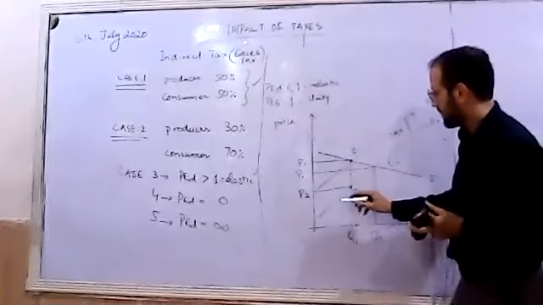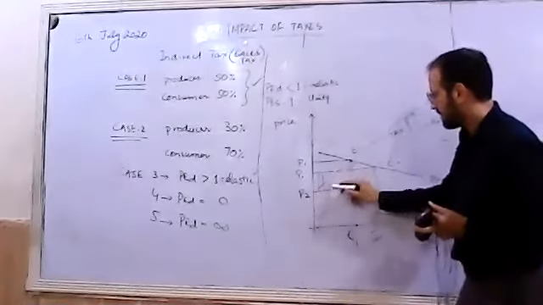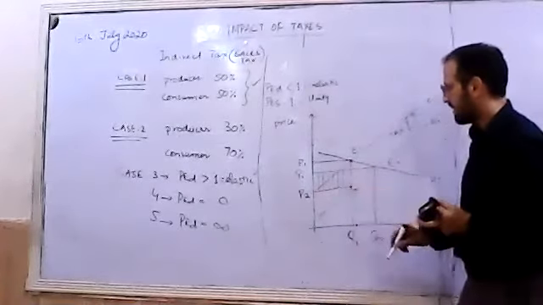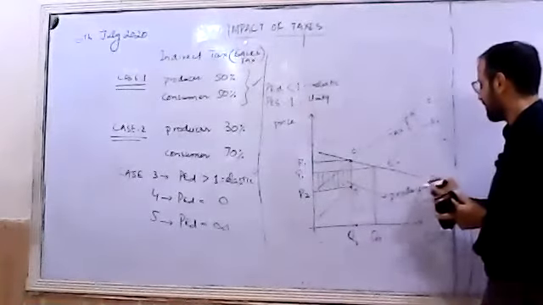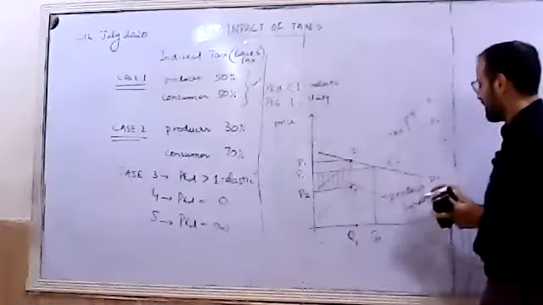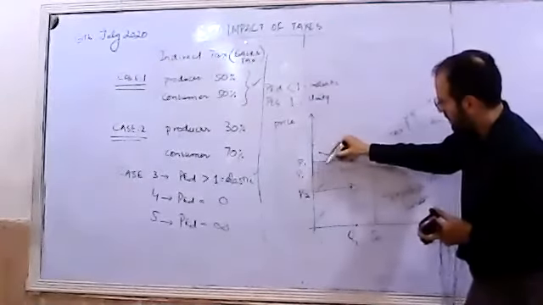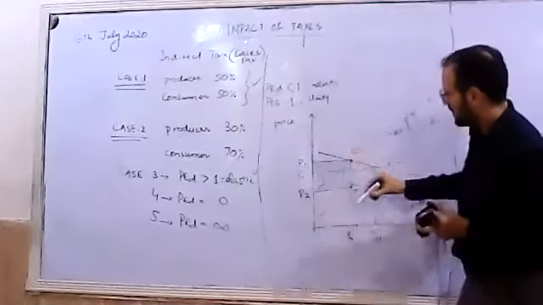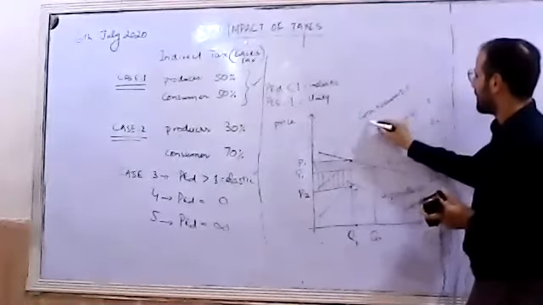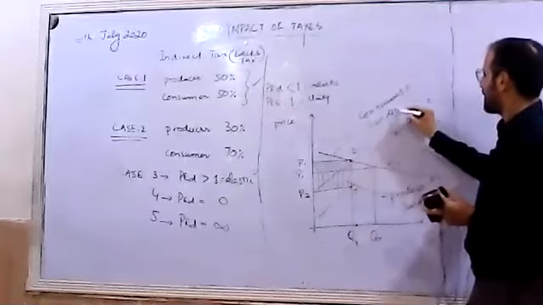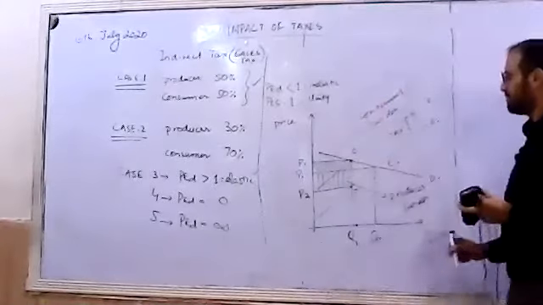Now, what do you see in this diagram? This is the area of producer's burden. And this diagonal area is for the consumers. So what do you see in this diagram?